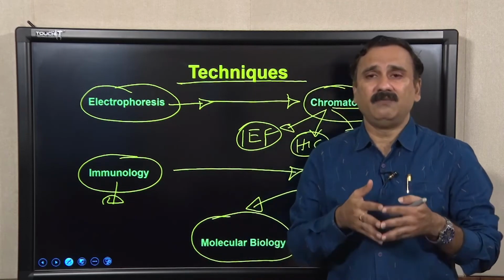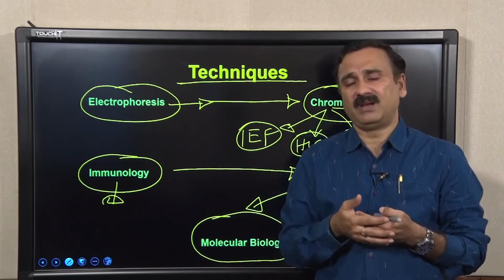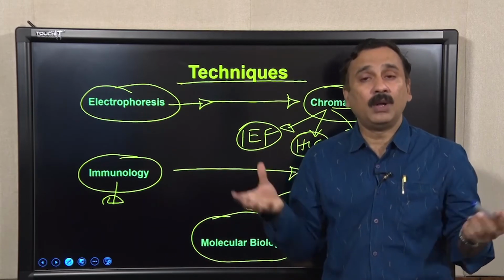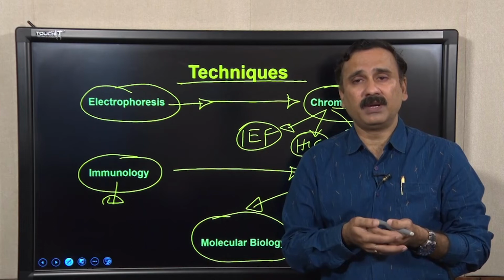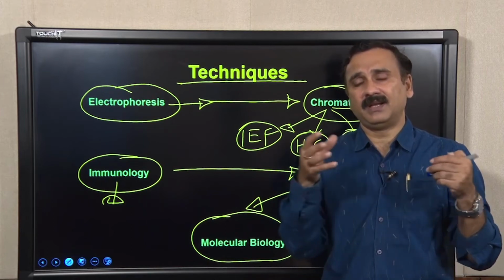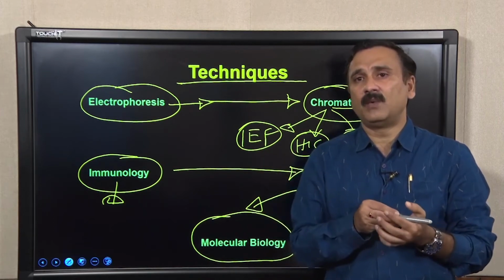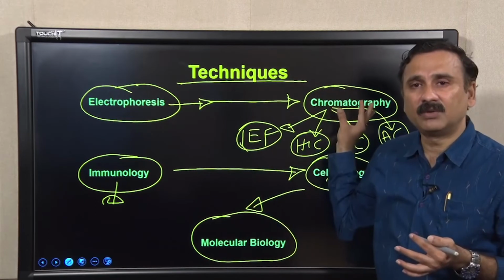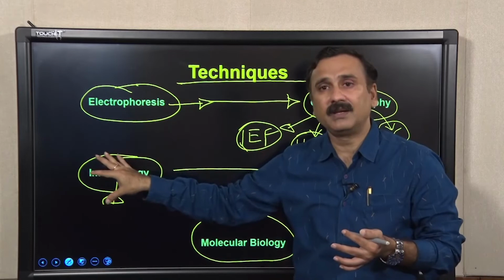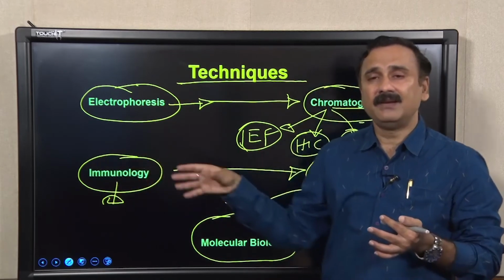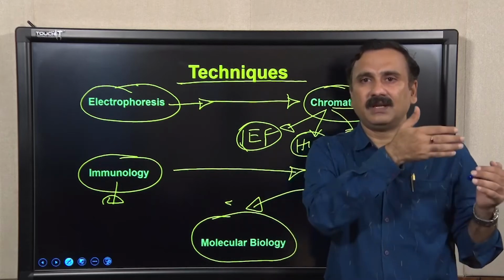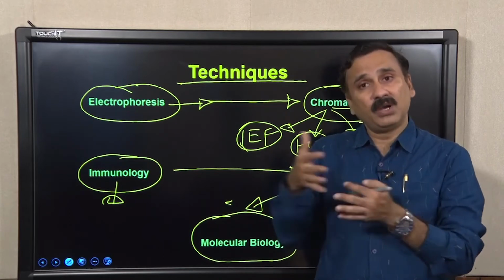But in totality, when you are designing an experiment, you actually require the summation of all the techniques that you can use, because you require help from electrophoresis, from chromatography, sometimes from immunology, and sometimes you might require the assistance as well as the feedback from molecular biology.